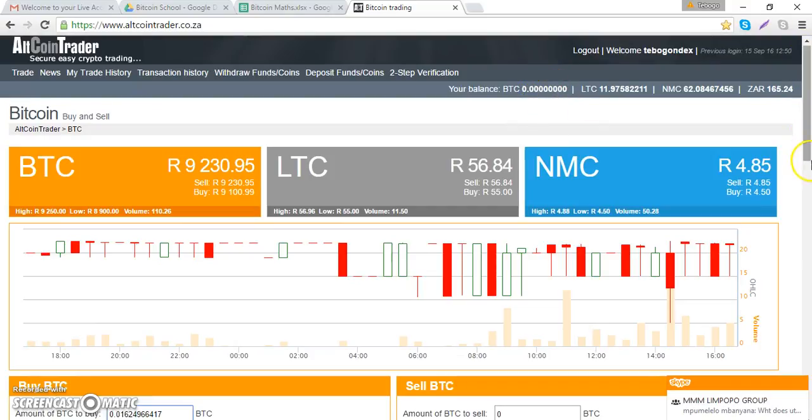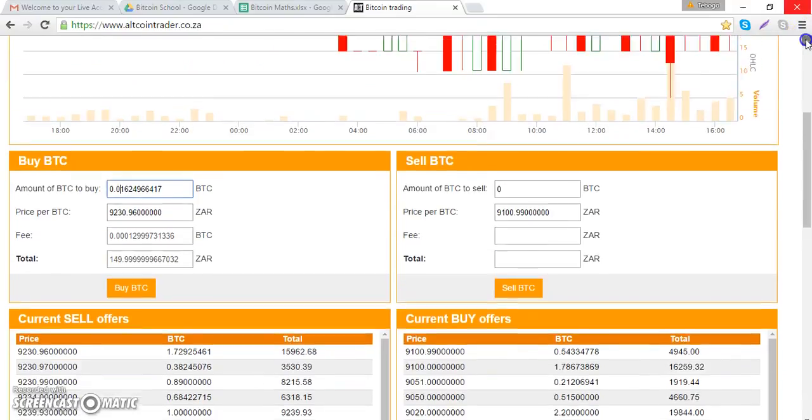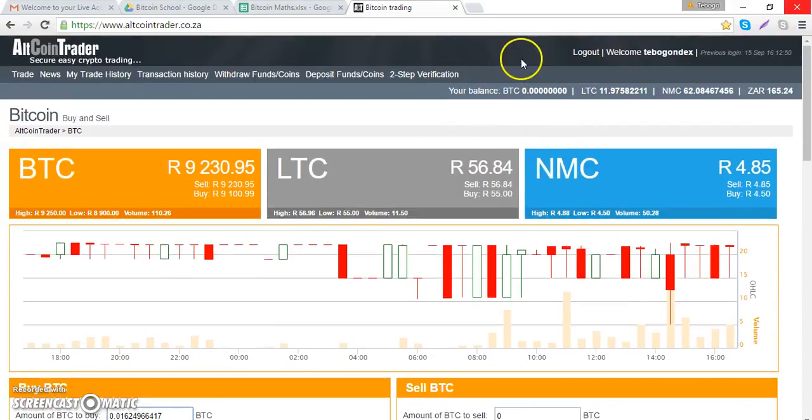What happens next? You need to take into account that once you have bought your bitcoin and they are in your bitcoin wallet and reflecting there as a balance, the moment you have to pay someone and you have to transfer those bitcoins, let's say you're supposed to transfer bitcoins which are worth 150, which is sitting here, altcoin will charge you a fee if you transfer your bitcoins.